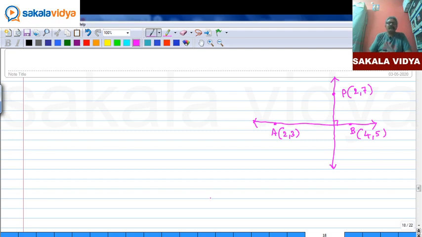How to find it? Very simple. Write 4 minus 2 into x plus 5 minus 3 into y.